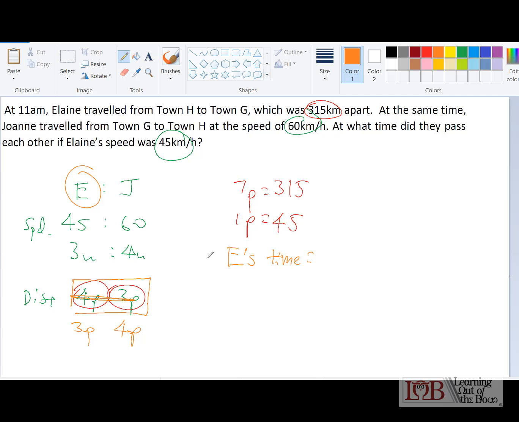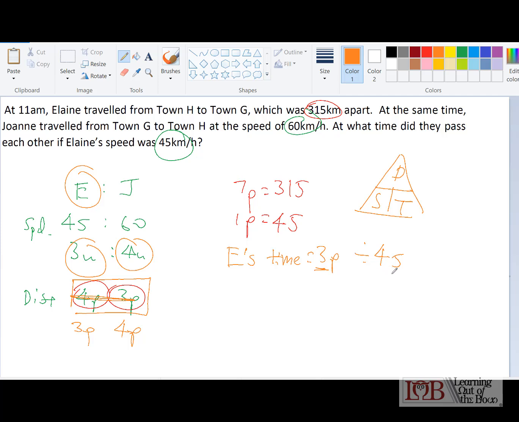Yeah, so in this case, it's a direct proportion, so 3:4, 3:4 as well. So we have 3 parts divided by 45, because if you use the DST, time will be distance over time.